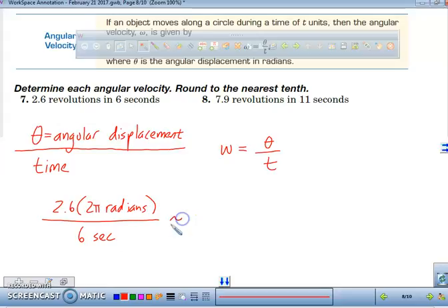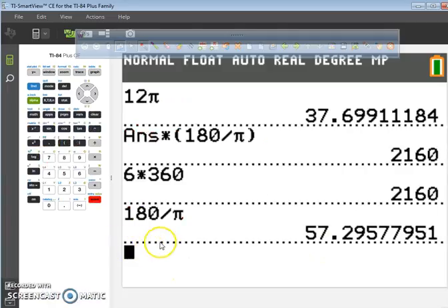And that will give you your approximate answer in radians per second. Which basically means every single second, remember, what's 1 radian equal to? 57.3 degrees. That's how many degrees are traveling every single second. So if we go over here and do 2.6 times 2 pi.